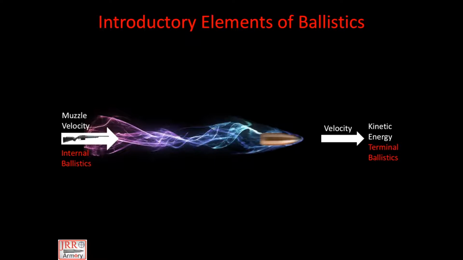This is covered by terminal ballistics when that kinetic energy hits the target. I will only briefly cover that. And one of the most important forces we are dealing with in this video is the drag, which is a function of air density, which is basically trying to slow down the bullet on its way to the target.